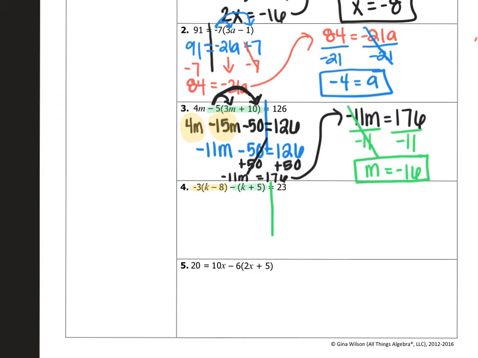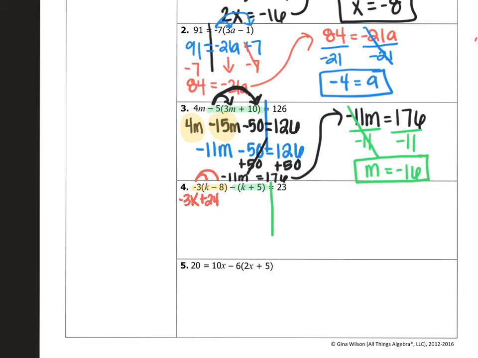Let's look at this first one. -3 times k is -3k. -3 times -8 is plus 24. That's our first set of distribution.